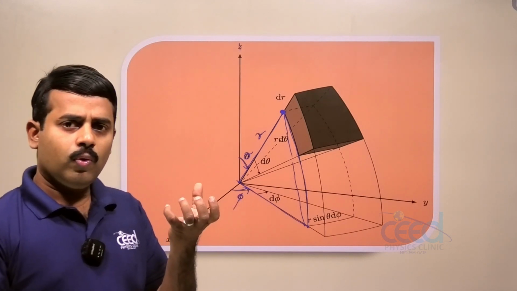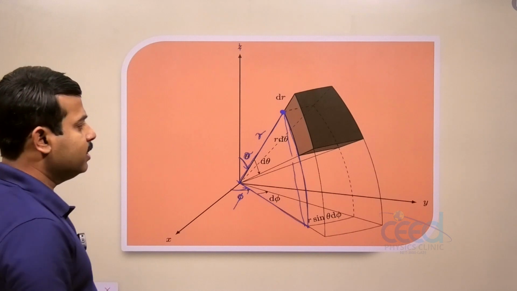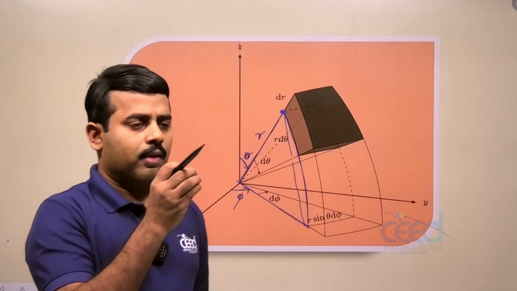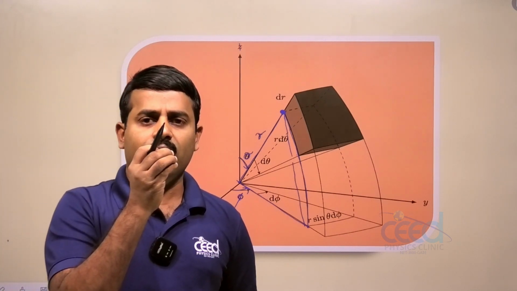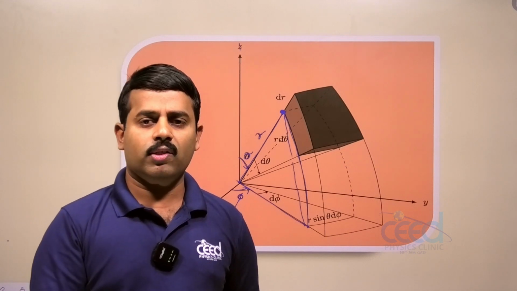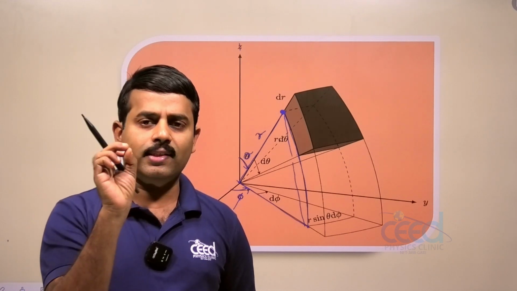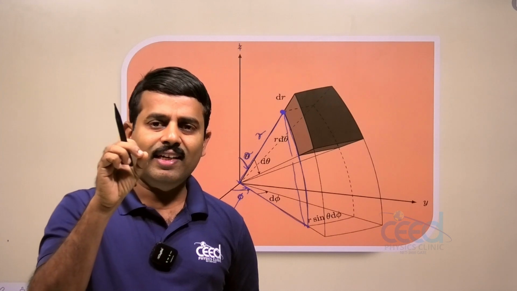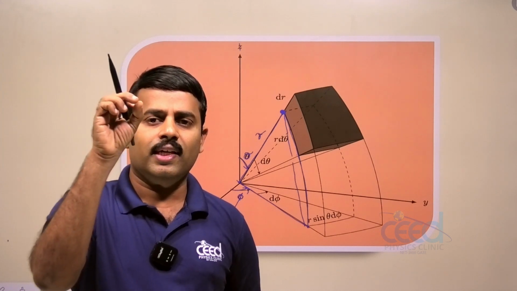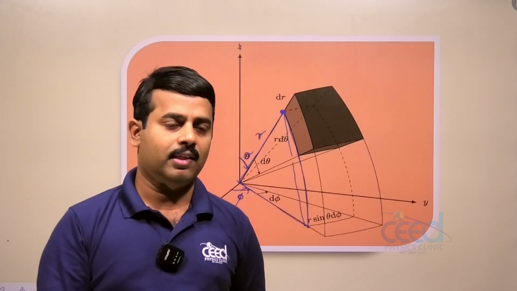Now see, we created a volume in the Cartesian coordinate system, where dx increased in the x-axis, dy in the y-axis, dz in the z-axis.